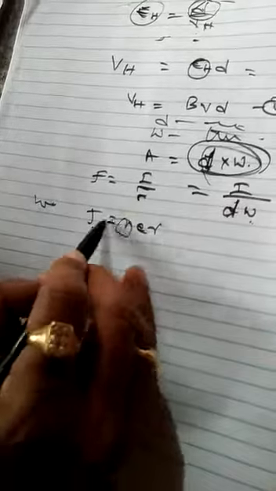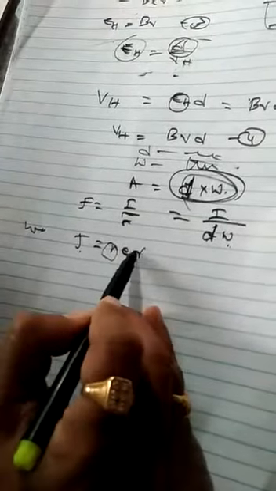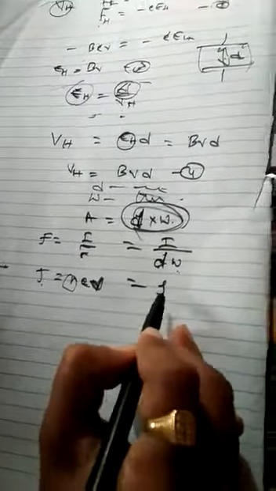It is directly proportional to the electron concentration, the charge, and the velocity. Or we can write ne as the charge density rho, so J equals rho V. This is equation number 5.